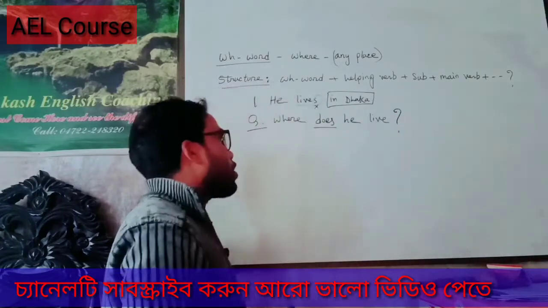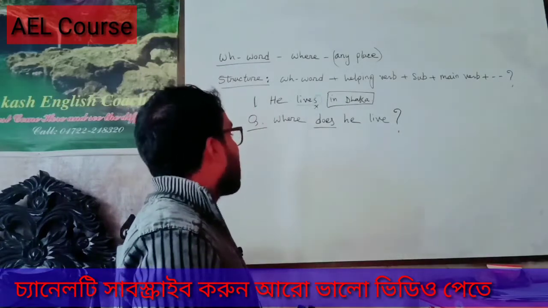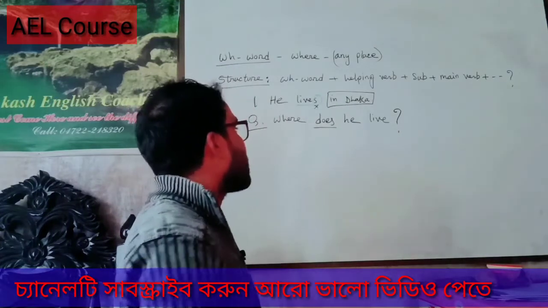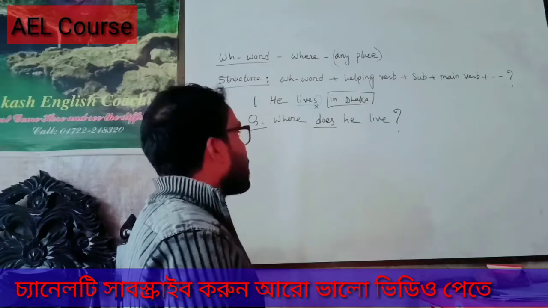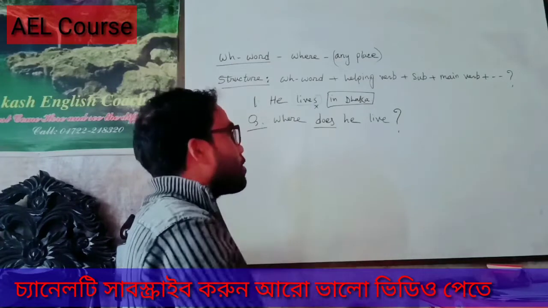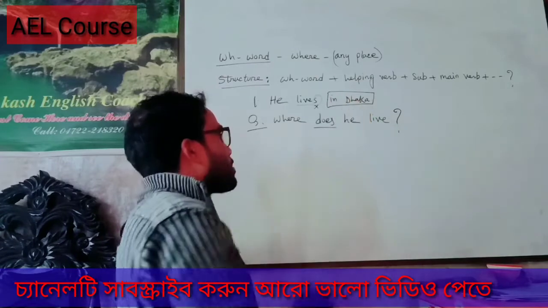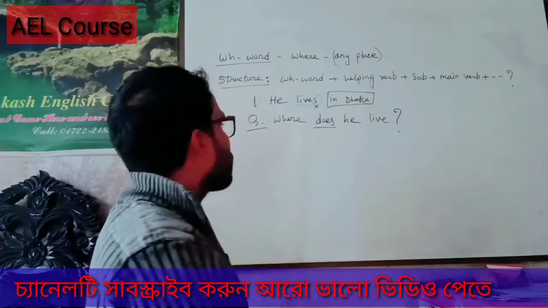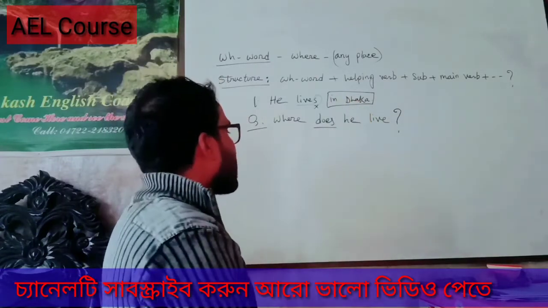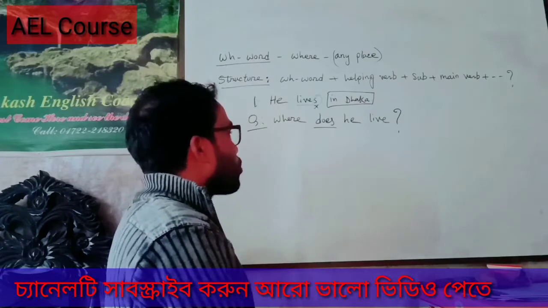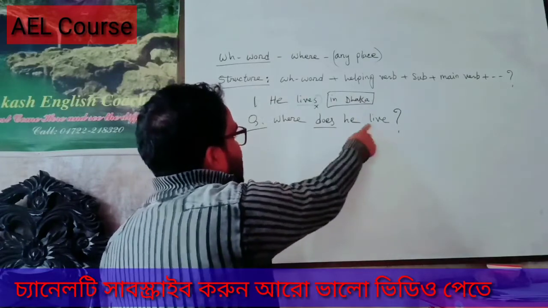So the question will be: where does he live? And the answer will be: he lives in Dhaka. Where does he live? He lives in Dhaka. Dhaka is the answer. In Dhaka is the answer. So from the question you can take the subject and verb.